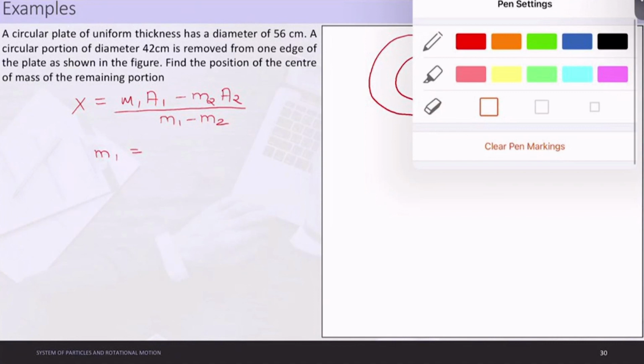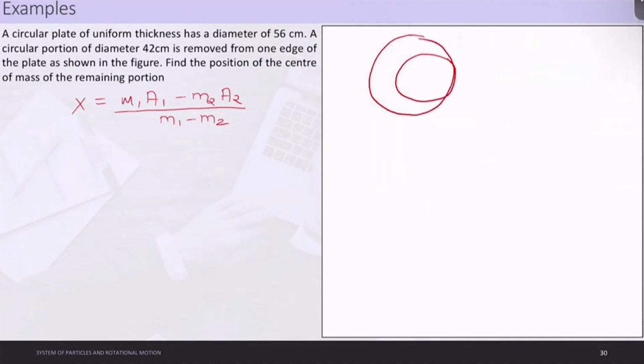So this will directly change to the formulation of areas. What is A1 here? A1 is pi by 4 into 56 squared, and A2 is nothing but pi by 4 into 42 squared.